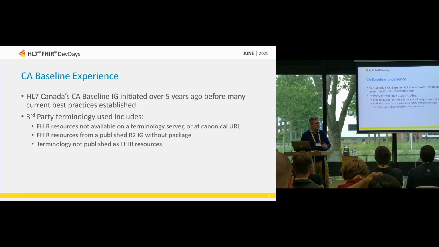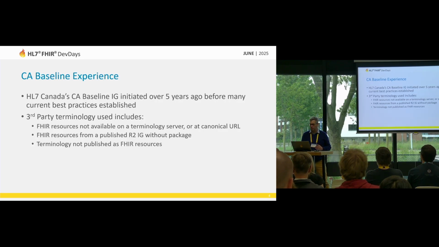Canada is a jurisdiction with a relatively strong adoption of V3, and there were established ways of distributing the terminology in Canada. In many cases, the CA baseline team wanted to continue use of that terminology, and the early feedback was that the implementers were comfortable with the existing distribution mechanism, which was essentially file download.